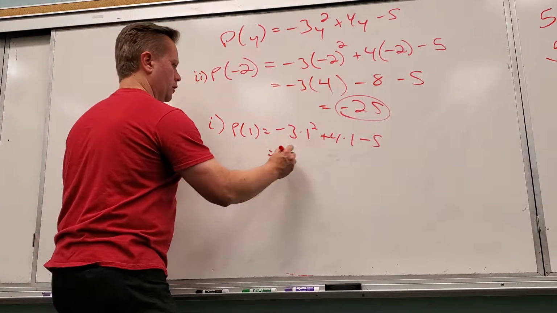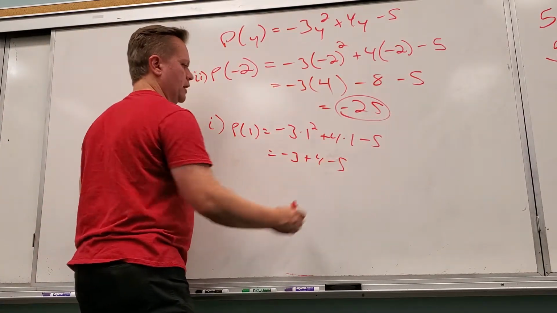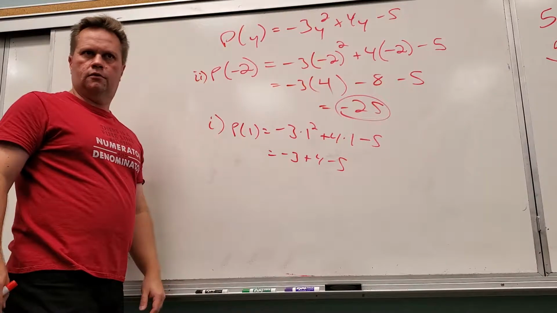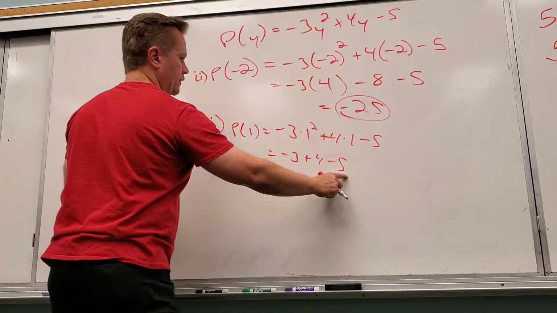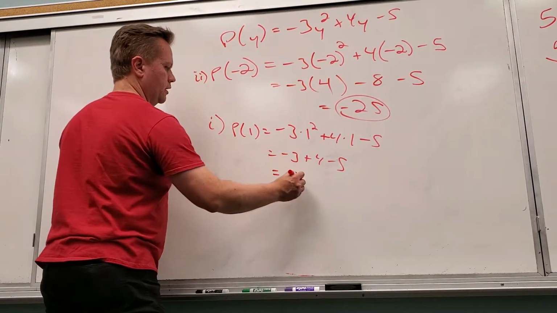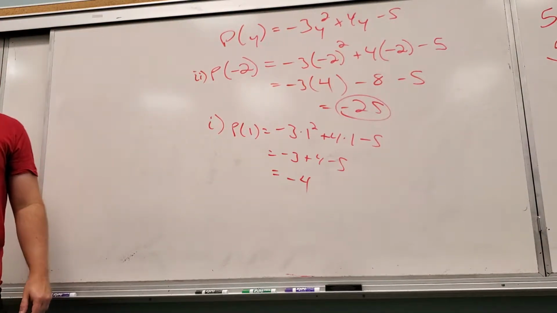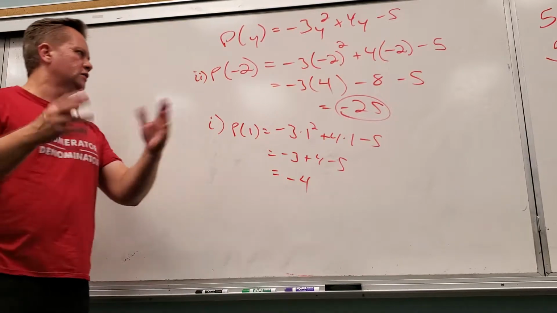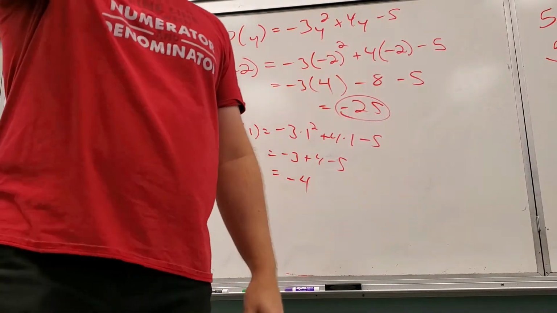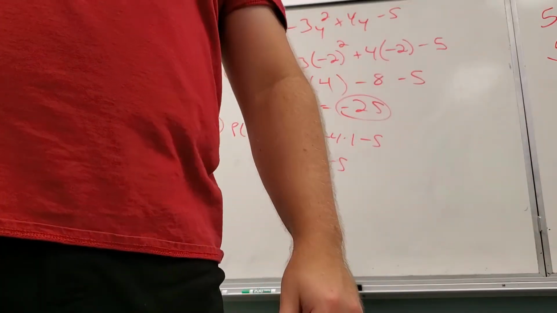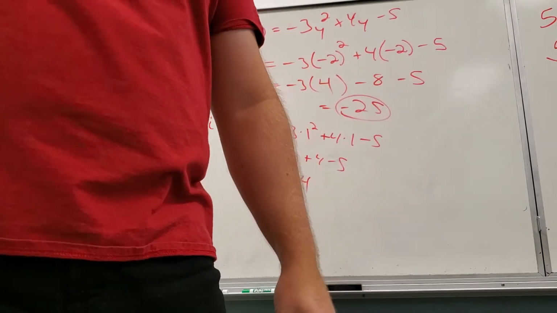So it'd be -3 plus 4 minus 5. -3 and -5 is -8, plus 4 is -4. So I can change the numbers, but the process doesn't care. You just do what it tells you to, the computation, once you put that value in.